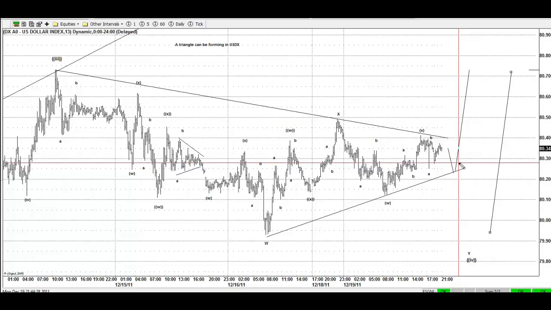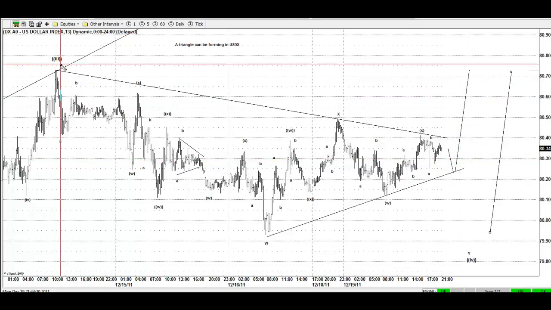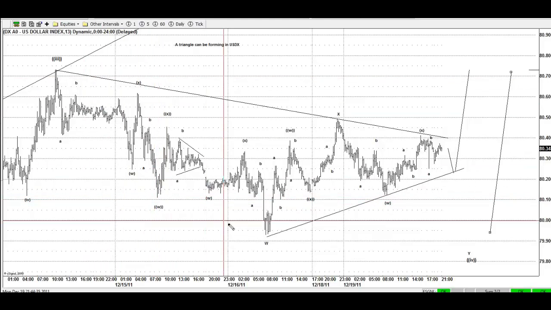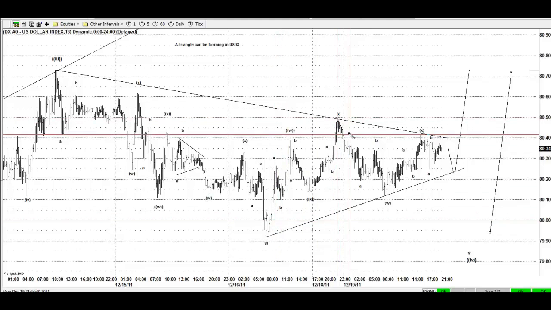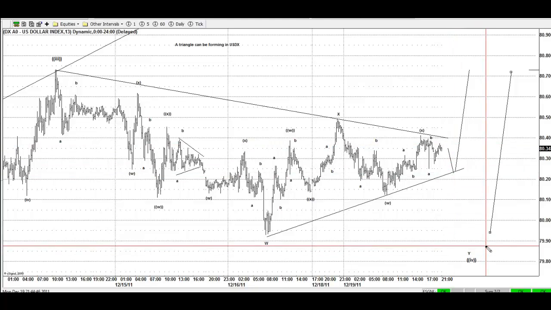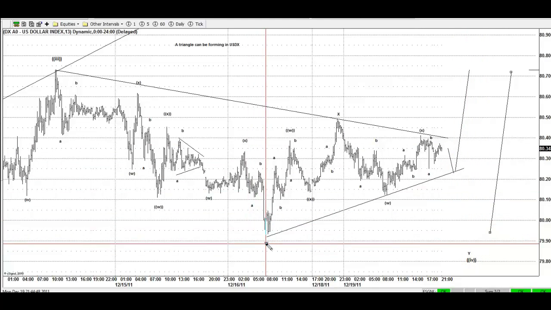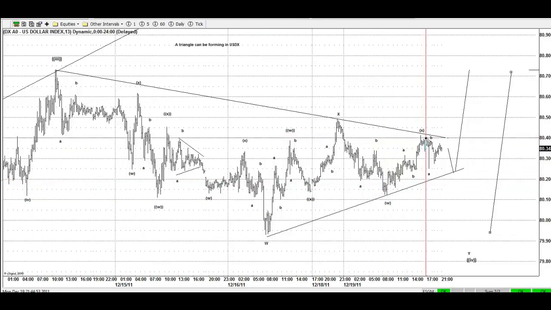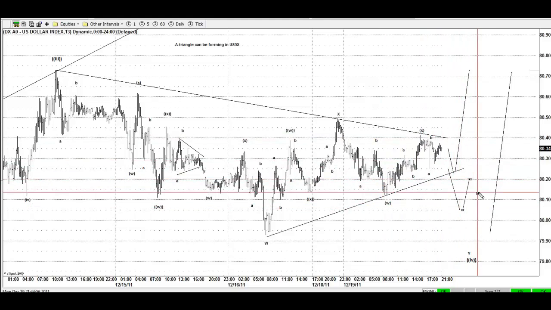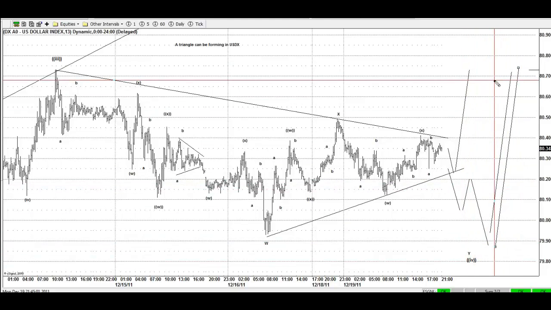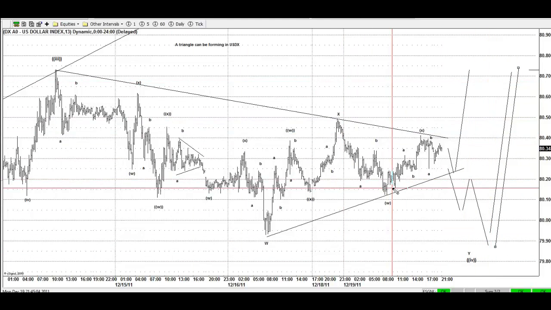The second one is, like we explained the other day, that we have A, and then a three-wave move here, and we're working into a B-wave triangle with A, B, C, D, E, and we're going to trade lower to the downside. Another scenario is that this is W, and then we have X, let's say a three-wave move, three waves back, and then we go down in a series of three-wave moves until we find support and then turn higher. That's in the short term on the dollar.